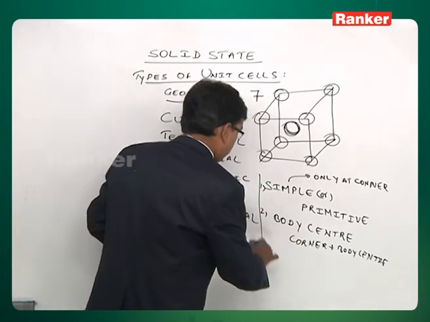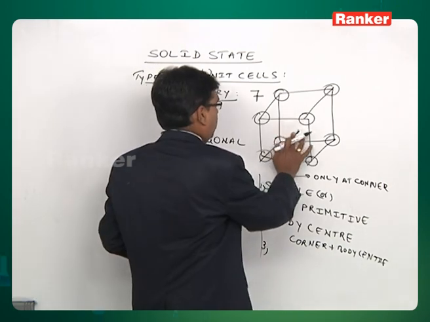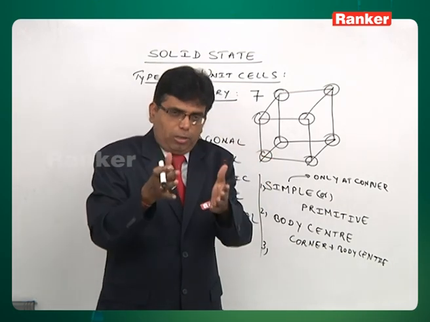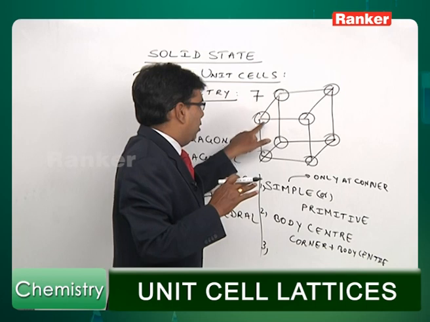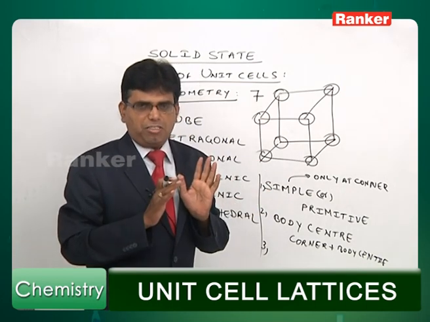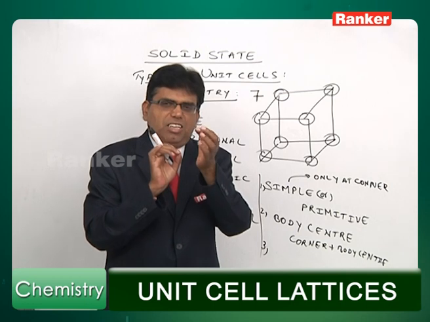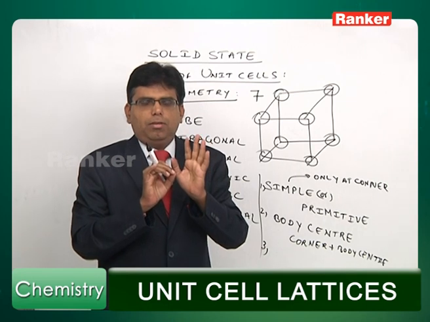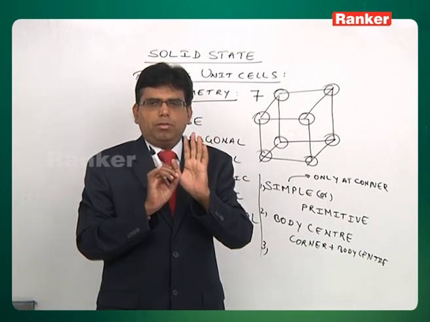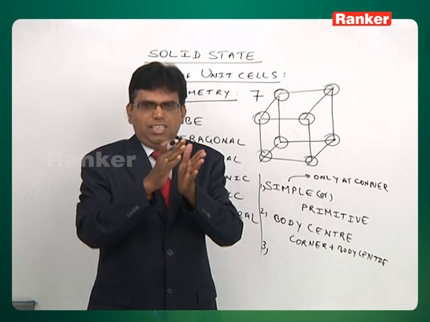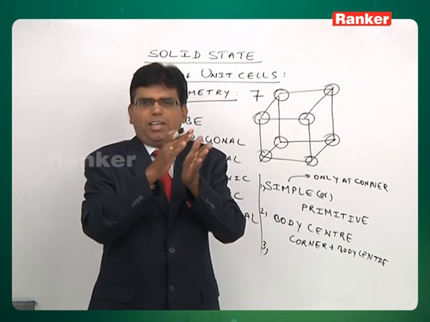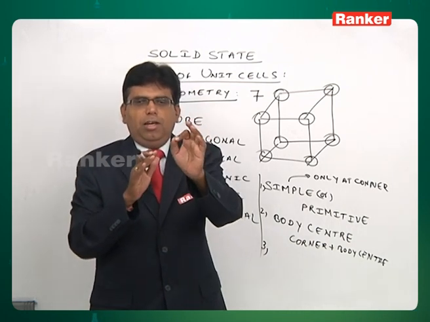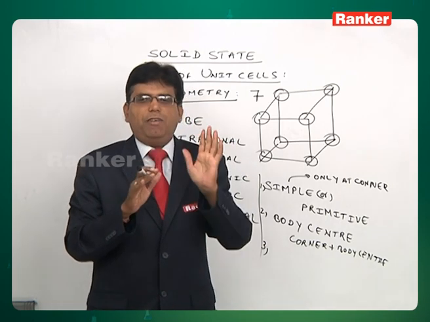Then the third possibility is, instead of this at the body center, of course, let me make it very clear, without having an atom or ion at the corner, no geometry will exist, because for any geometrical figure, except spherical or similar types, wherever we have edges in any geometrical shape or figure, the minimum requirement for a geometry to form is, when you have an edge, you should also have a corner.